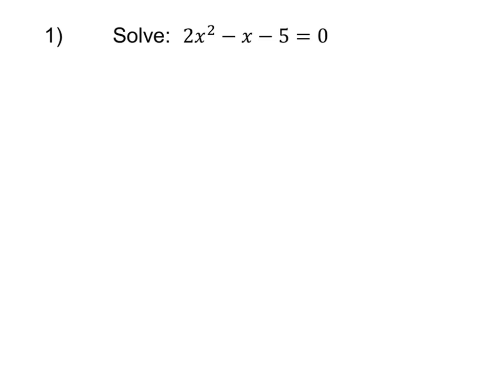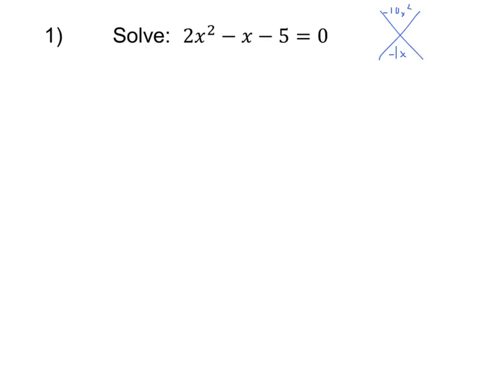Alright, so let's look at an example. 2x squared minus x minus 5 is equal to 0. Before we actually get into this example, I should mention again why we have the quadratic formula. If you were to try this one with magic x, you have negative 1x on the bottom and negative 10x squared on top. Magic x doesn't work.